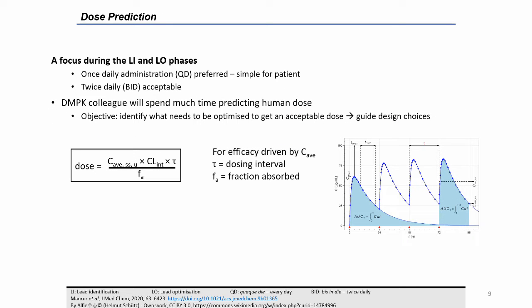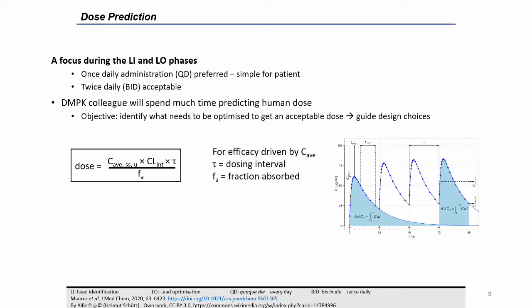Moving from metabolism, I'd like now to talk about dose prediction. So this is something that will become quite important to the project during the lead identification phase and even more so during lead optimization. So I've already said that ideally an oral project will be aiming for once daily administration, but you might be going for twice daily. The question then you face is how much compound do you need to give to your patient?